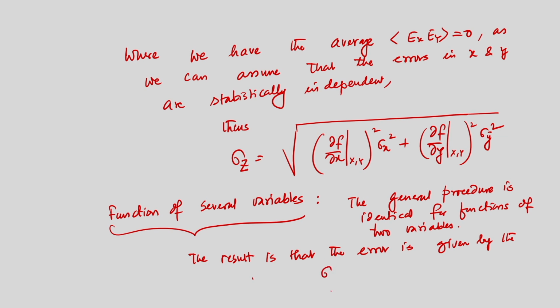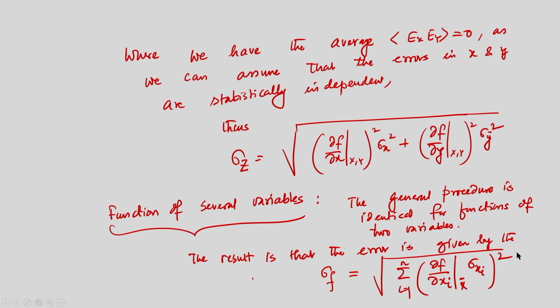so I am writing here, sigma f is equal to the square root of the sum over i equal to 1 to n of del f del x i at x bar times sigma x i square, where x i is the ith argument of f, a function of n arguments, right.